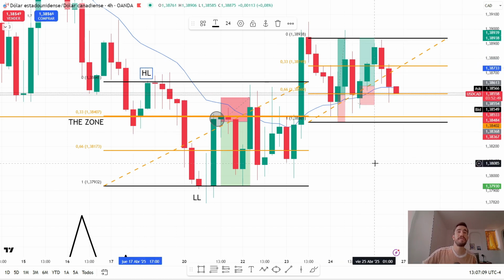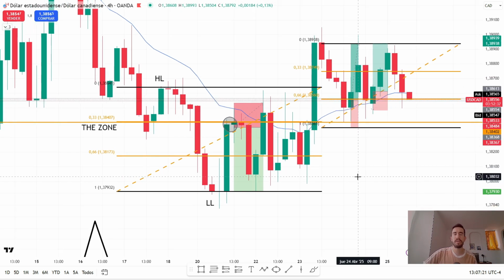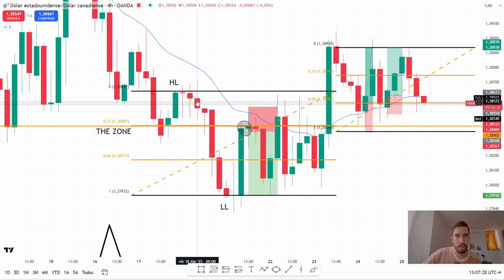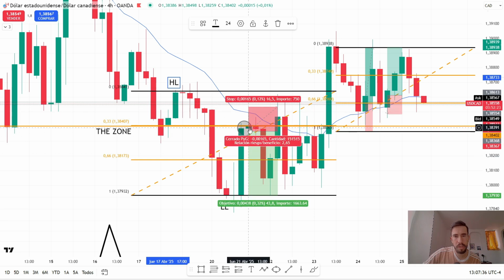So it's another confirmation that we are looking for selling. Bearish market, bearish structure, and the moving average is going down. It's a very good confirmation that we are looking for sales. So at this point I have the lower high, lower low, we identified the zone, and price got back to the zone.